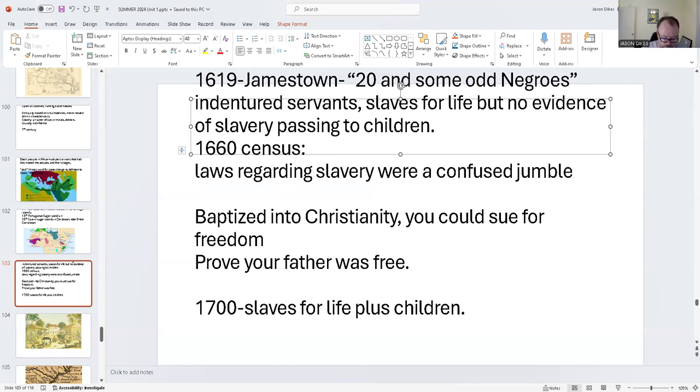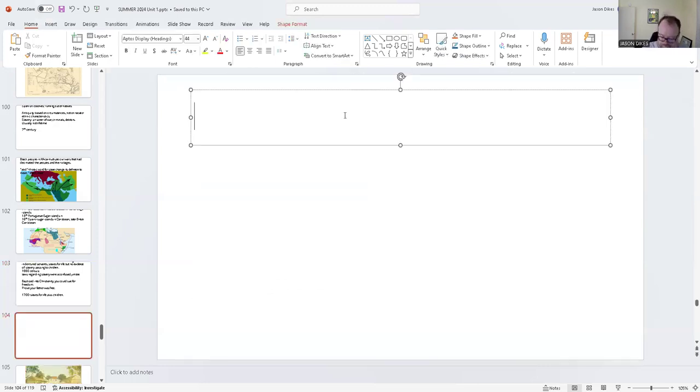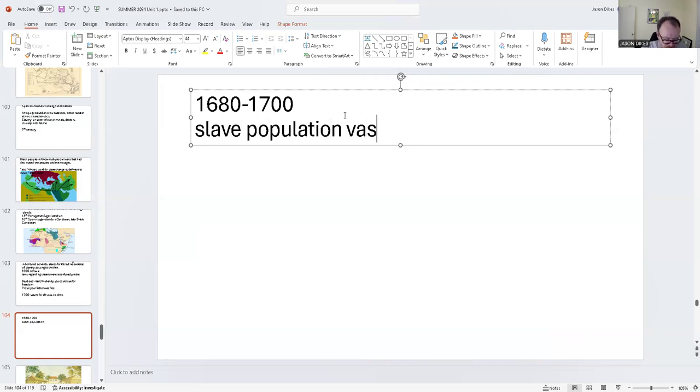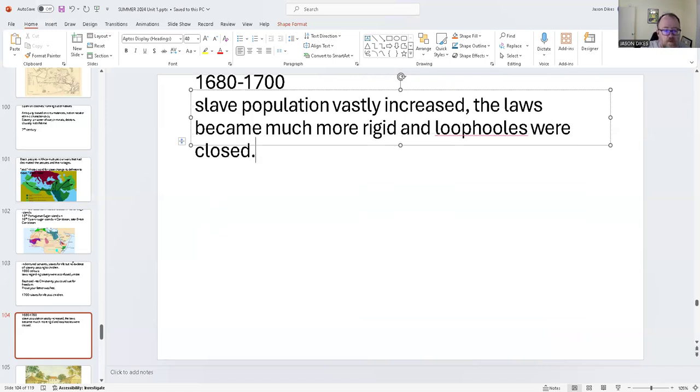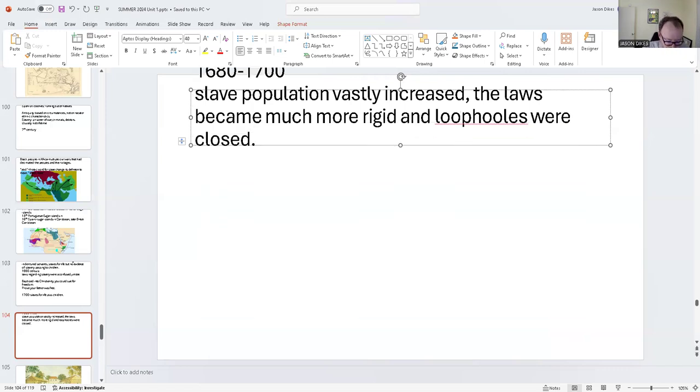The pivotal reason for that, from about 1680 to about 1700, the slave population vastly increased. And so as more and more Africans were being brought to the Americas, the laws became much more rigid and loopholes were closed. Why did the slave population increase?